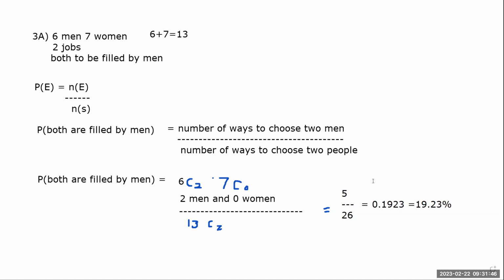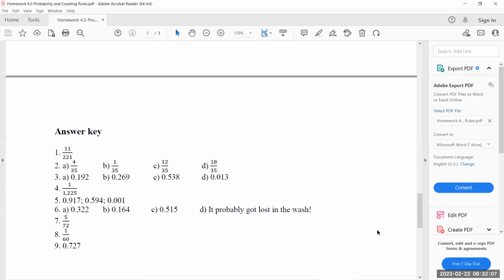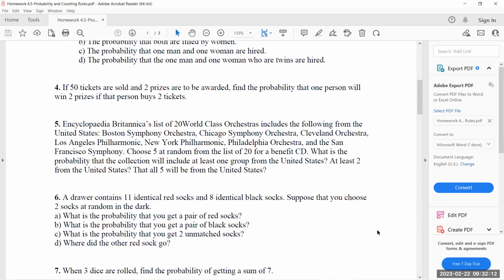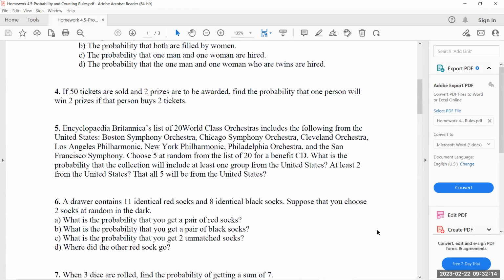All right. Now, this preliminary work up here is just to kind of help you take notes. Now, let's do part B of the question. Let's go back to our worksheet. Part B says, the probability that both are filled by women.